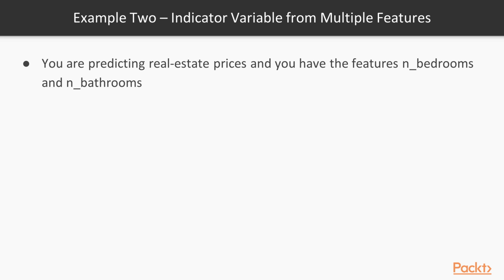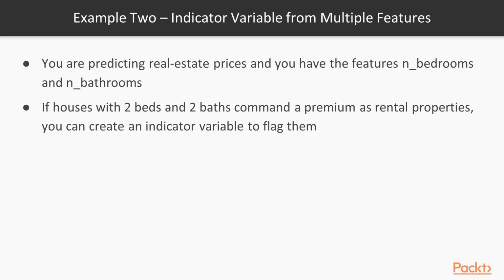But for this particular analysis, we are interested in two features. So for example, if a house has 2 beds and 2 baths, it can be labeled as premium, and otherwise as non-premium, a normal property. So we can extract one variable, one label, from multiple features of the data. In real life, it could be a lot more than 2 features.